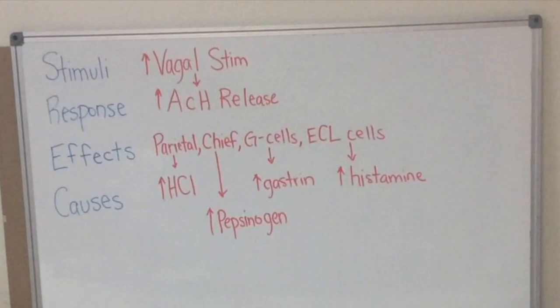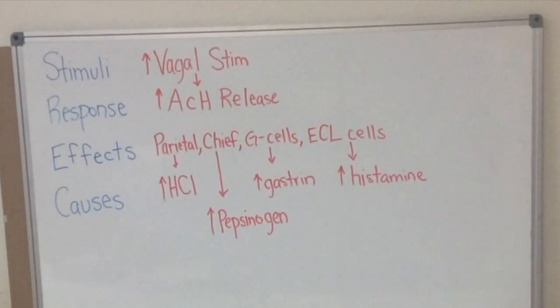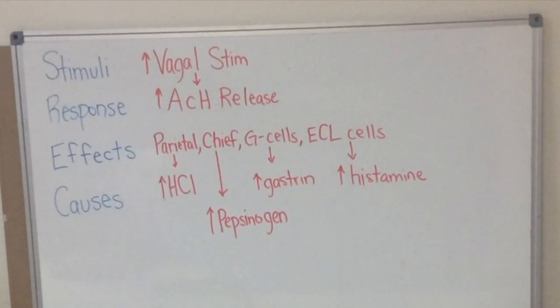Other secretory cells within the gastric glands release endocrine and paracrine regulatory factors, which impact the rate of digestion. Vagal nerve stimulation increases the release of acetylcholine. Acetylcholine is the primary controller of the amount of gastric digestive juices released. The release of acetylcholine is going to have a stimulatory effect on the parietal, chief, G cells, and endochromaffin-like cells, ECL cells.